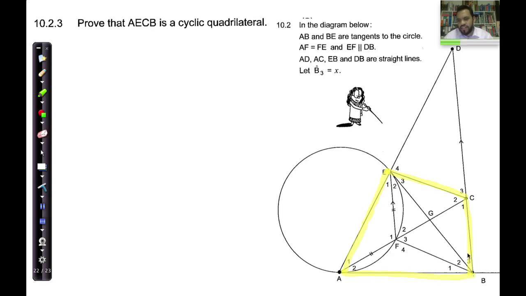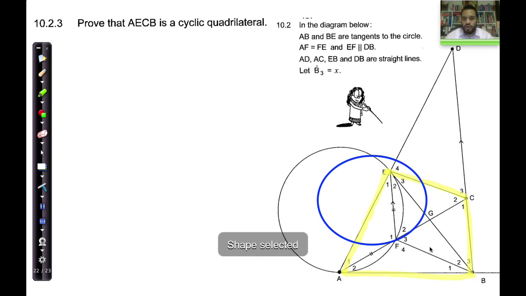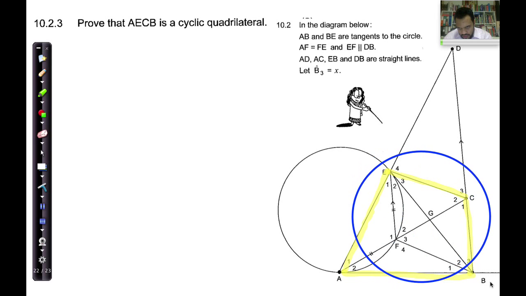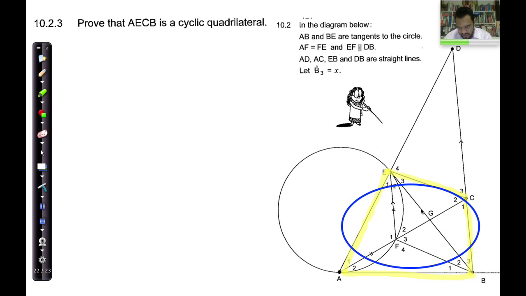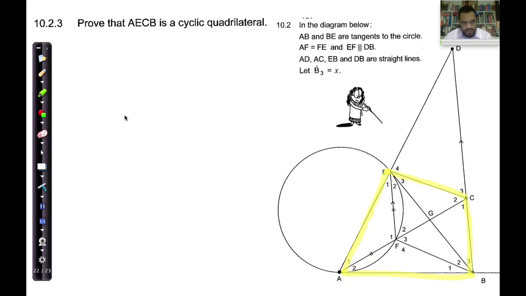Now in order for this to be a cyclic quadrilateral, what we are interested in is, can this thing be drawn in such a way that all four of its vertices lie on the circumference of a particular circle? For example, like so. That is what I'm interested in at this point in time.